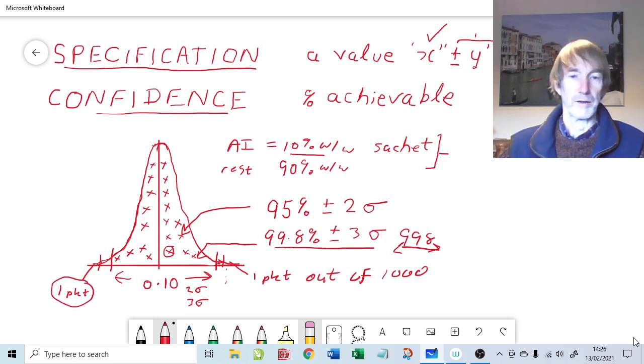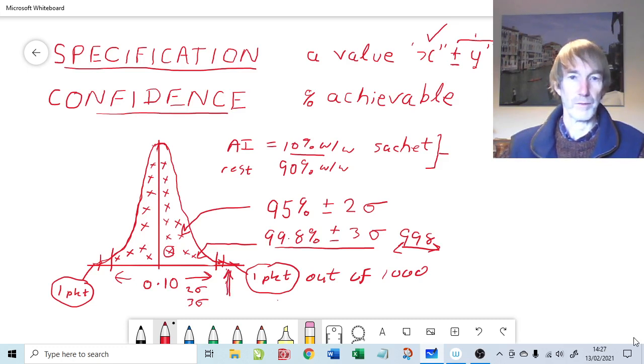Now, if that was a pill that we had and we were talking about active ingredients in a pill, then we could be in danger of overdosing somebody by having one pill in 1,000 giving a high value.